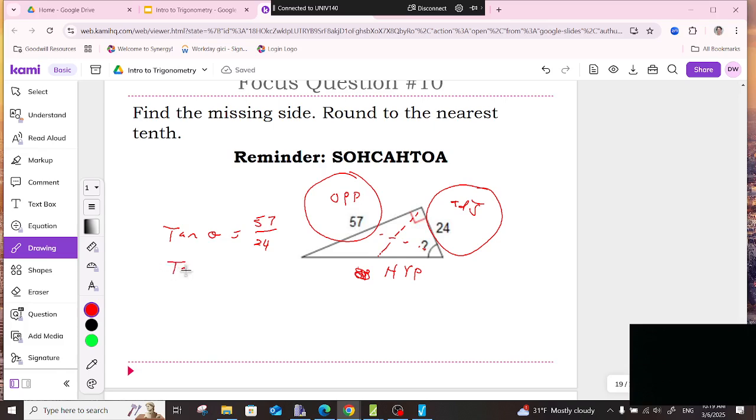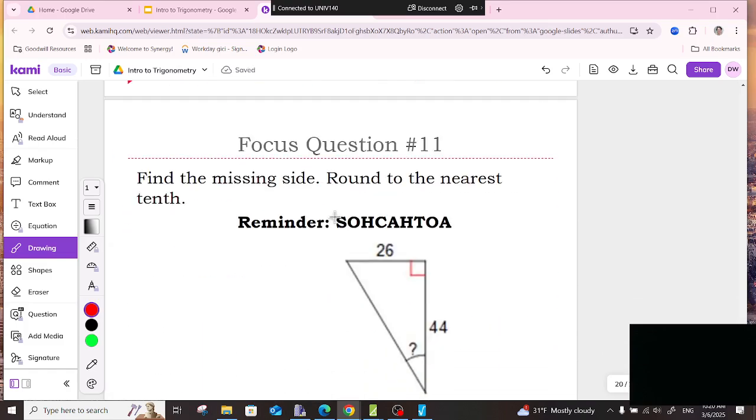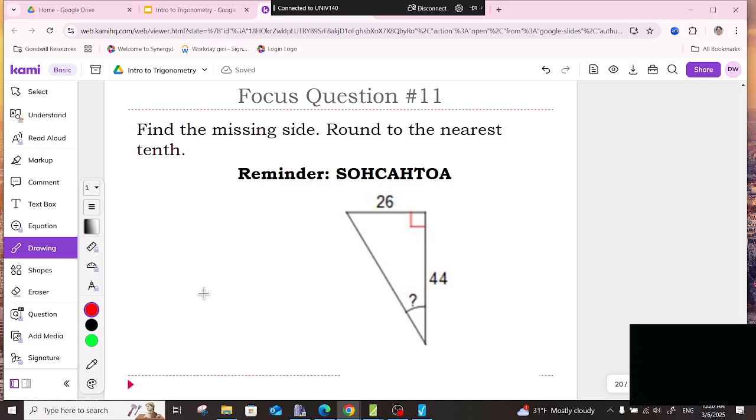You have to use your inverse, your second key, because you're looking for the degree. To get that, you would do second tangent, and then 57 divided by 24, and this should have been 67.2 degrees when rounded.